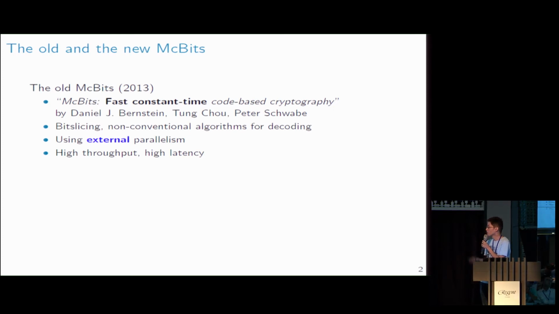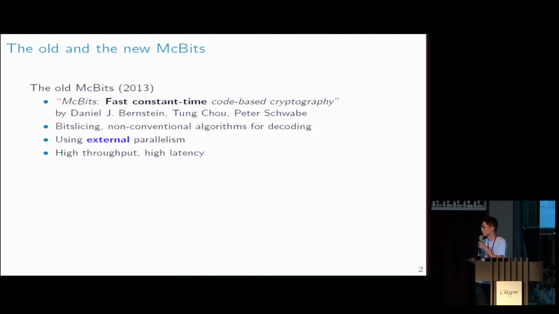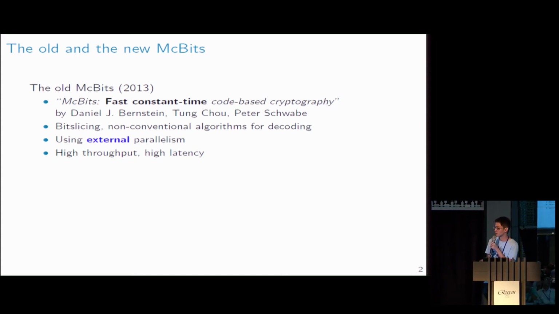As a result, we actually did quite well because we managed to achieve an order of magnitude faster speed compared to the previous non-constant time work. The main techniques we use are bit slicing and some non-conventional algorithms for decoding.